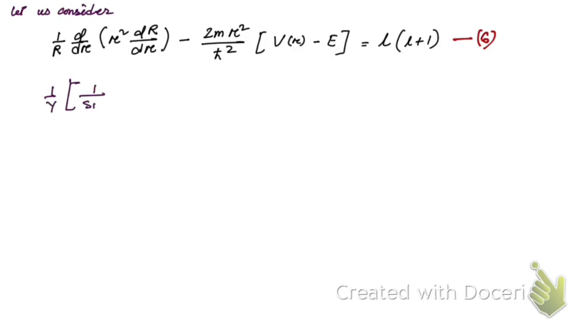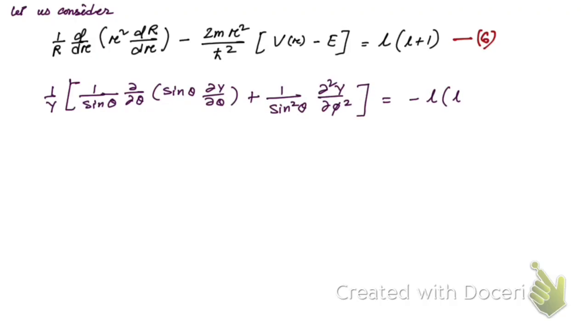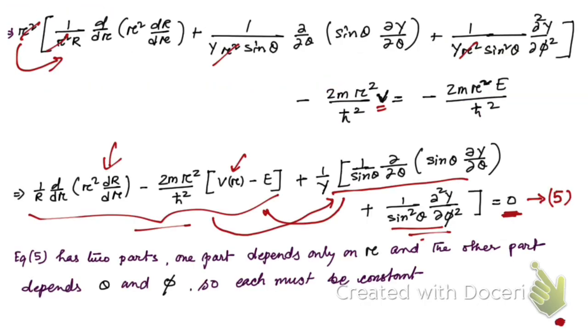The remaining part of the equation that depends on phi and theta, let that be minus l into l plus 1. Why have I considered these two? Let me go back to the previous slide. Here I told you that this is the first part and depends on small r only, and this is the second part, which depends on theta and phi.